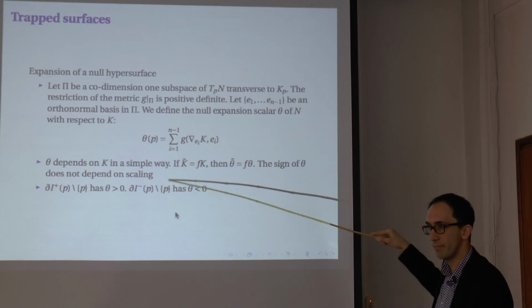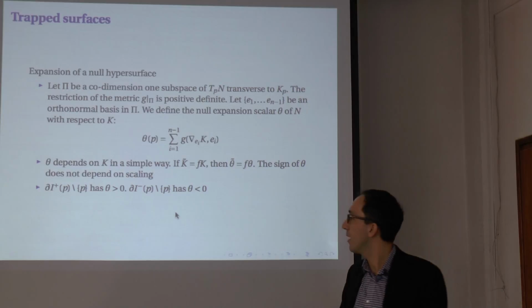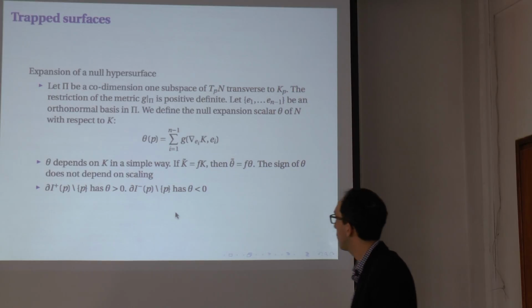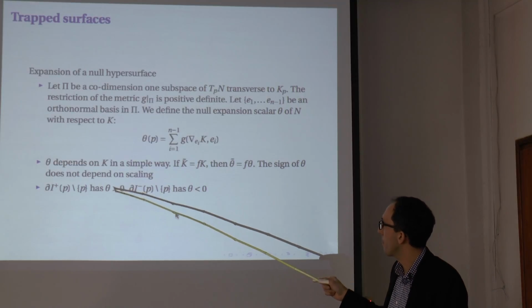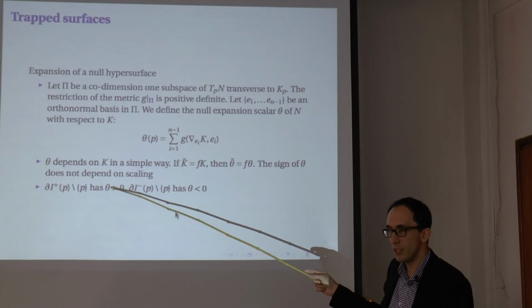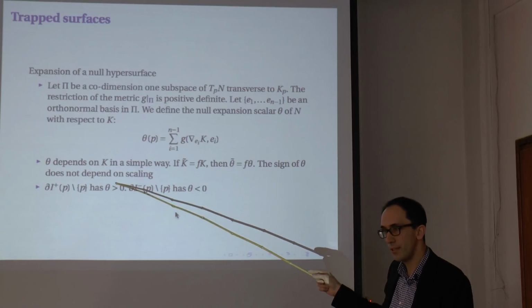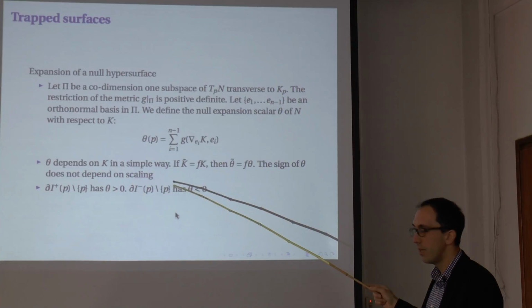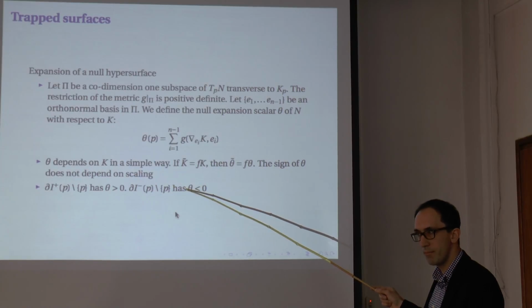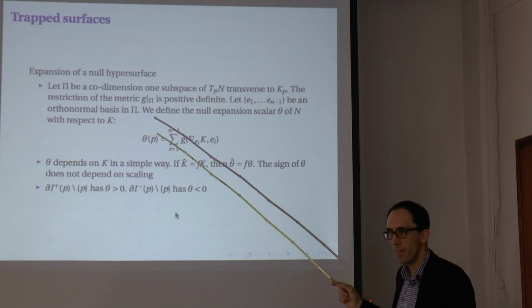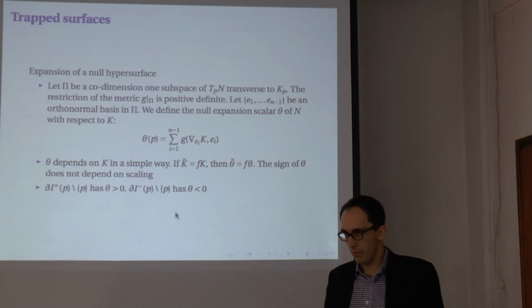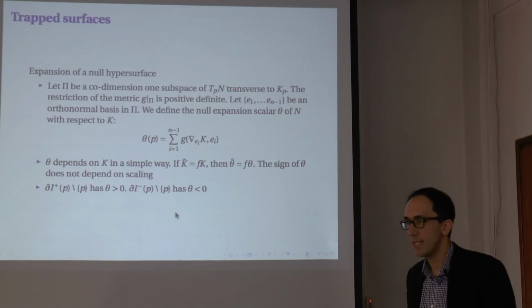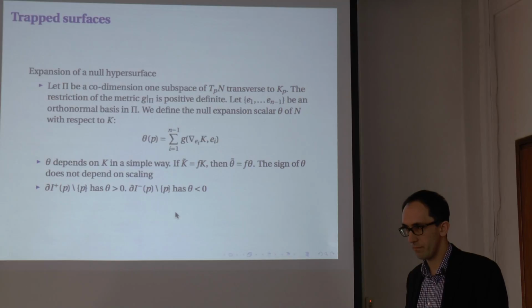So how does it work for the light cone? Well, for the light cone, it works more or less as we see it here. This theta is positive in the future light cone, and it's negative in the past light cone. The very value of theta depends on how you parameterize K, so it's not geometric.